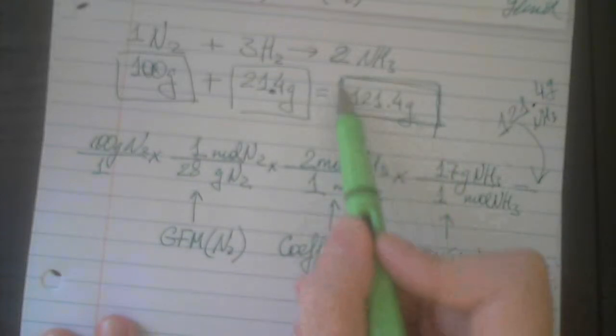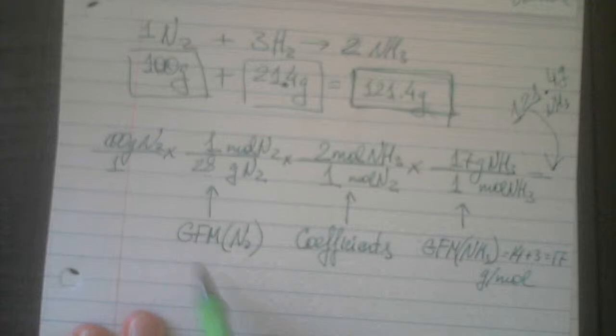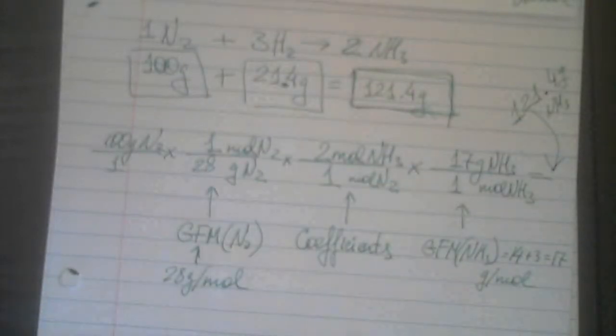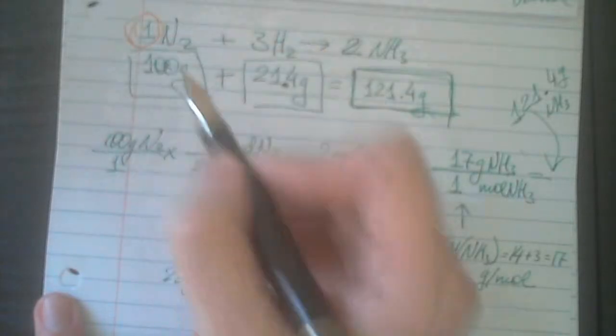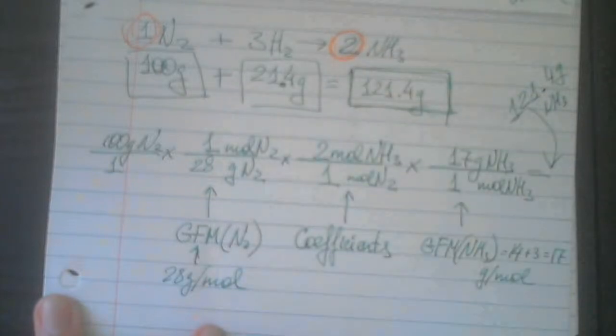So we use this equation and we use these 3-step mass-to-mass conversions. For the first conversion, we use the gram formula mass of nitrogen, which turned out to be 28 grams per mole. The coefficients that we see in the reaction, 1 mole of nitrogen produces 2 moles of NH3.